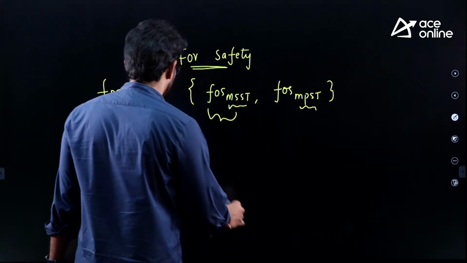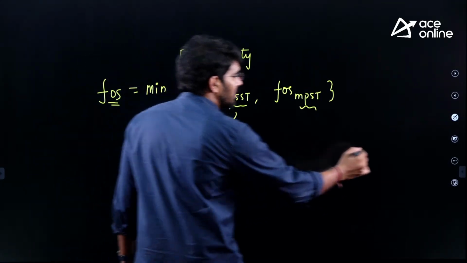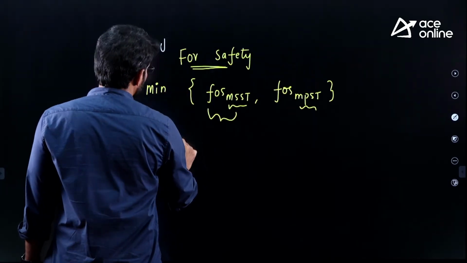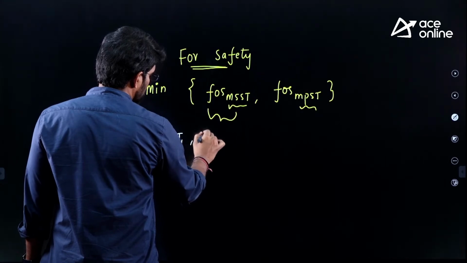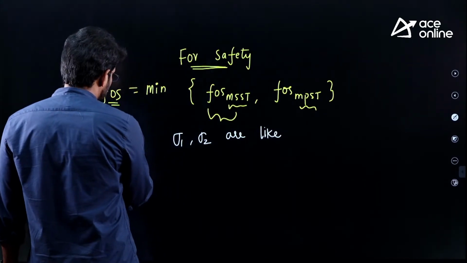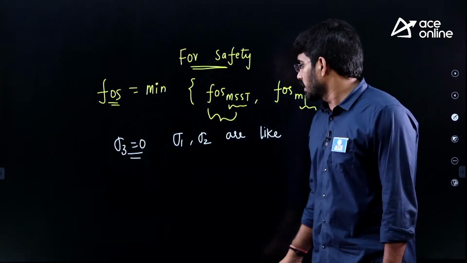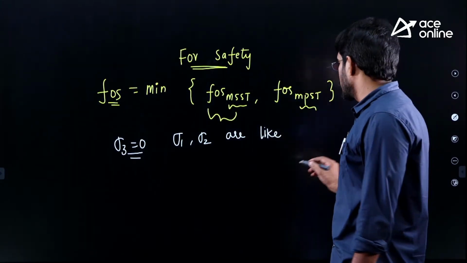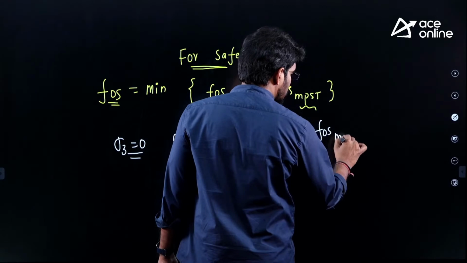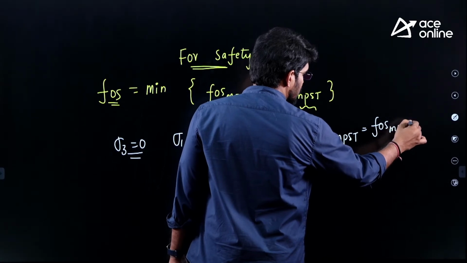Remember this simple point. When sigma 1, sigma 2 are like in nature, and remember this condition is only valid when sigma 3 is 0, the factor of safety according to maximum principal stress theory is equal to the factor of safety from maximum shear stress theory.